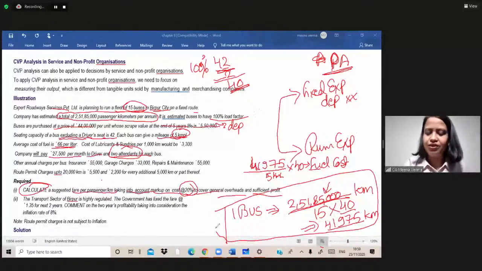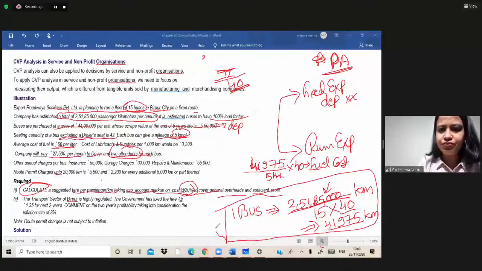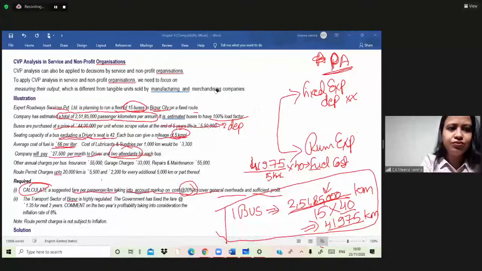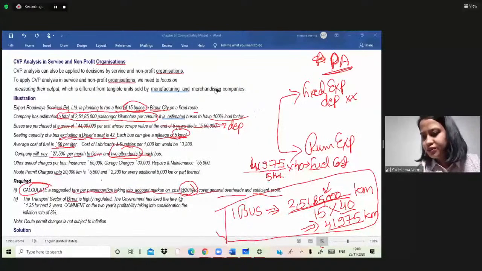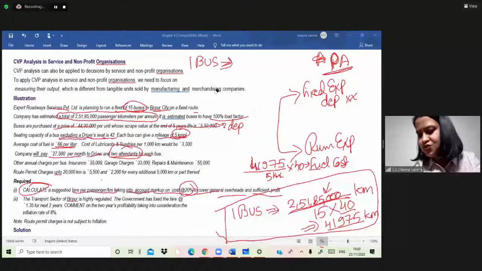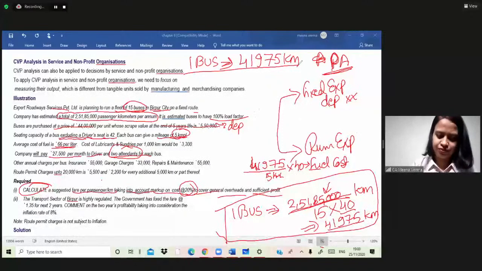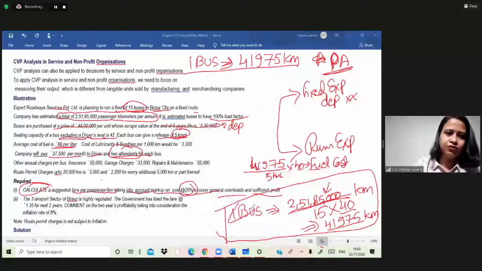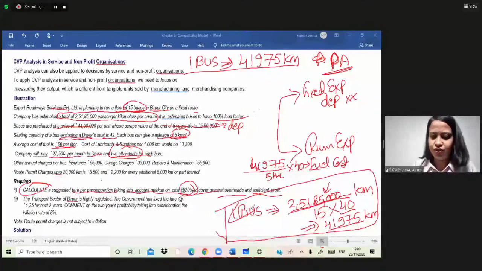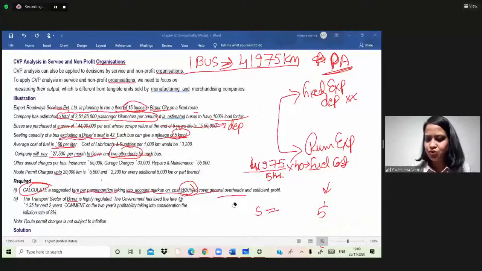See, I'm writing it here: one bus in each year is traveling 41975 kilometer. Now I'm erasing this portion, because I need space to do this question.